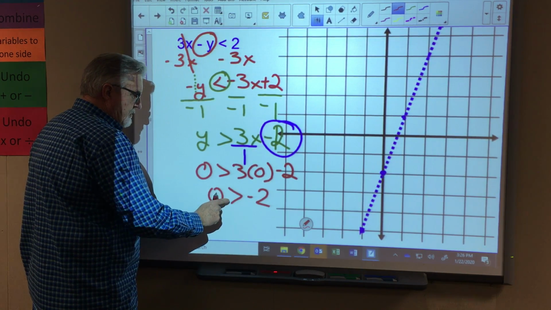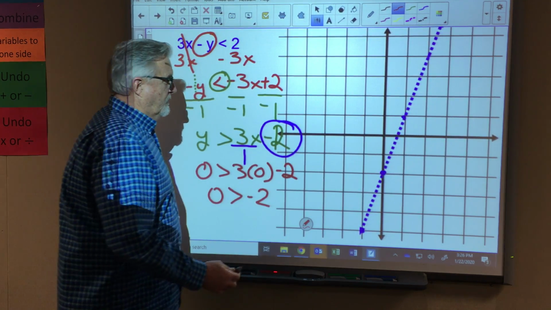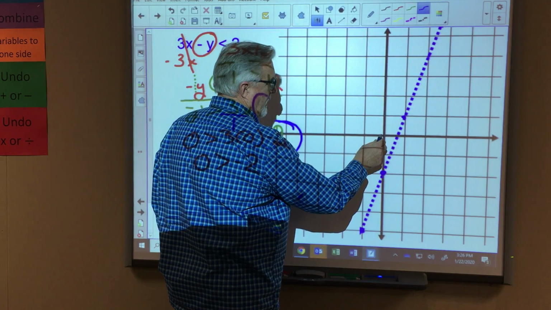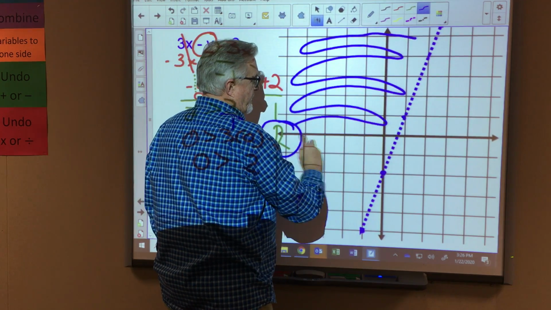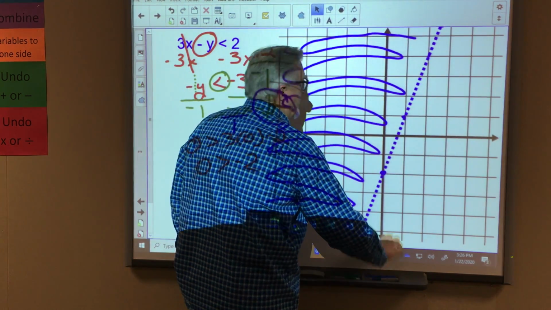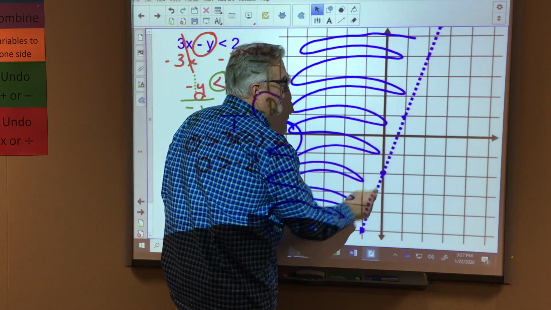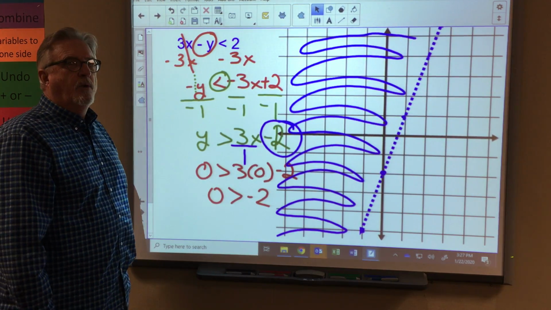Is 0 is greater than negative 2 a true statement? Yeah. Well, then that means that we need to shade the side of the line that has 0, 0 in it. So we would shade this side of the inequality in. That means that any ordered pair in this shaded area, not including the dotted line, would be a solution to our inequality.